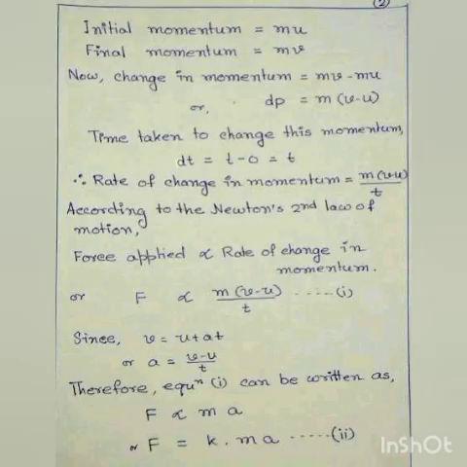Now see, mass of the object we have considered small m and initial velocity is u. So what will be the initial momentum? Initial momentum is equal to mu, and the final momentum is equal to mv, as final velocity is v, so final momentum is m into v.